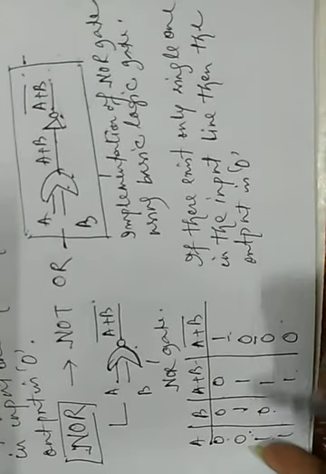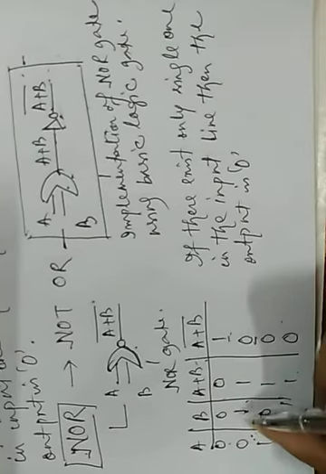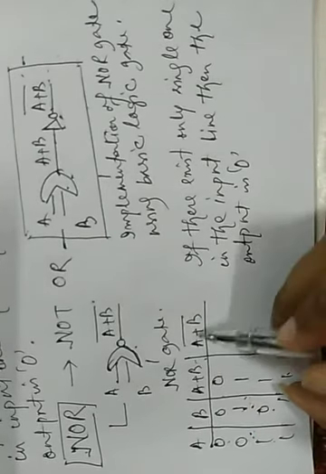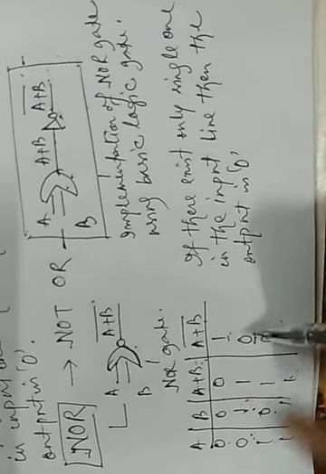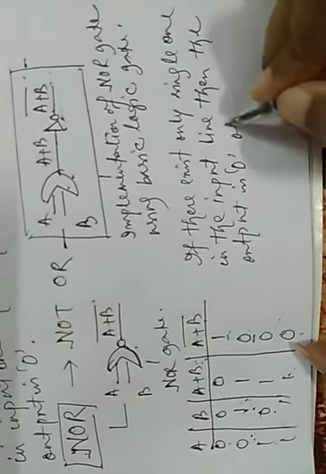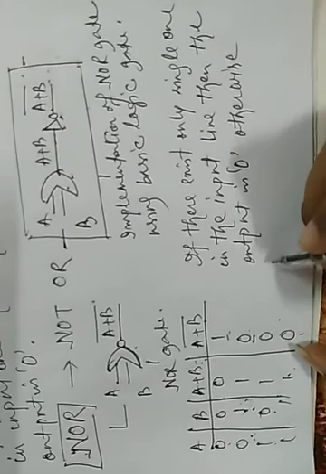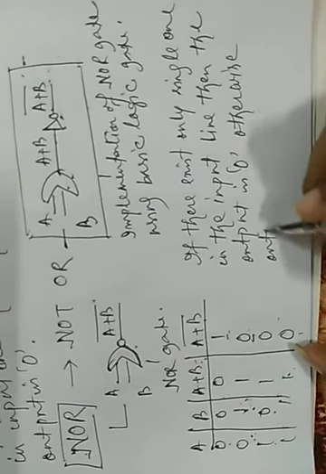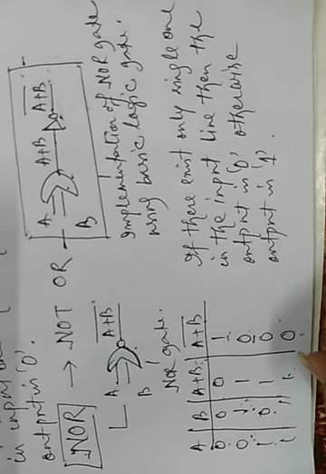You can see that for the OR operation, if there exists one single 1, the output is 1. Obviously for the NOR operation, if there exists a single 1, the output is 0. Otherwise the output is 1.